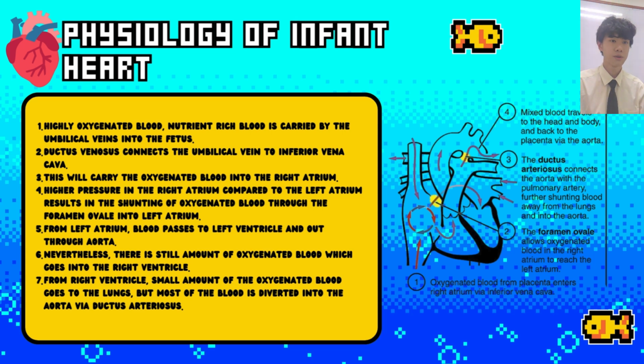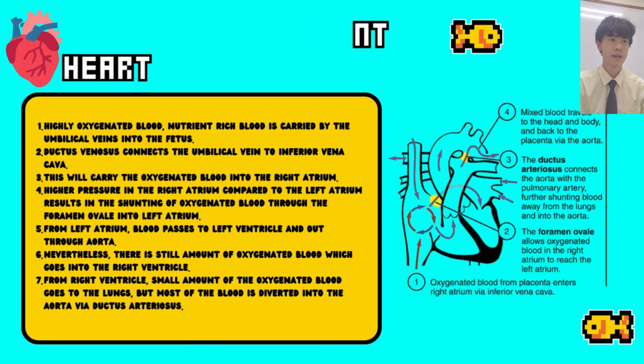It's because during fetus development, the function of the lungs, and the same goes for the liver, is not that important. So the body tends to send more blood to the other organs to speed up their development, as they have more important roles in the development of infants.